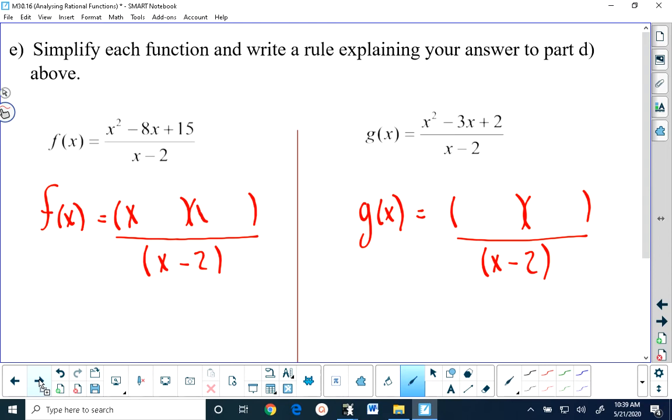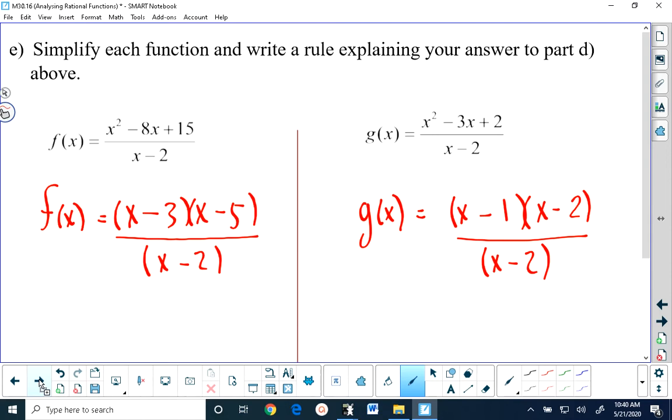For f of x, we are looking for two numbers that multiply to give 15 and add to give -8. That would be -3 and -5. And for g of x, we are looking for two numbers which multiply to give 2 and add to give -3, which would be x minus 1, x minus 2.